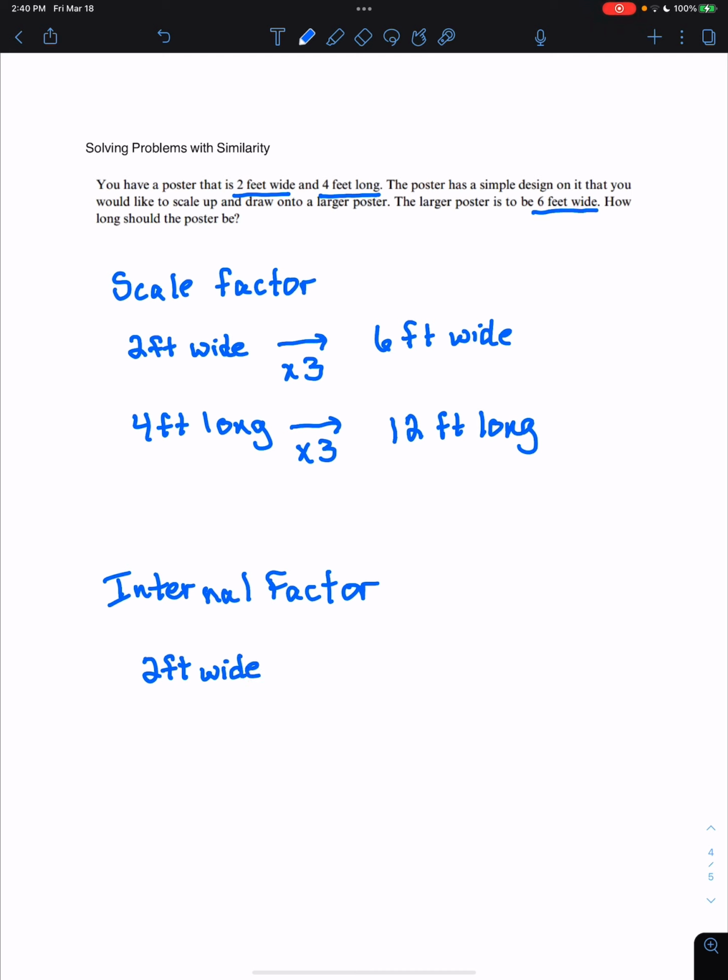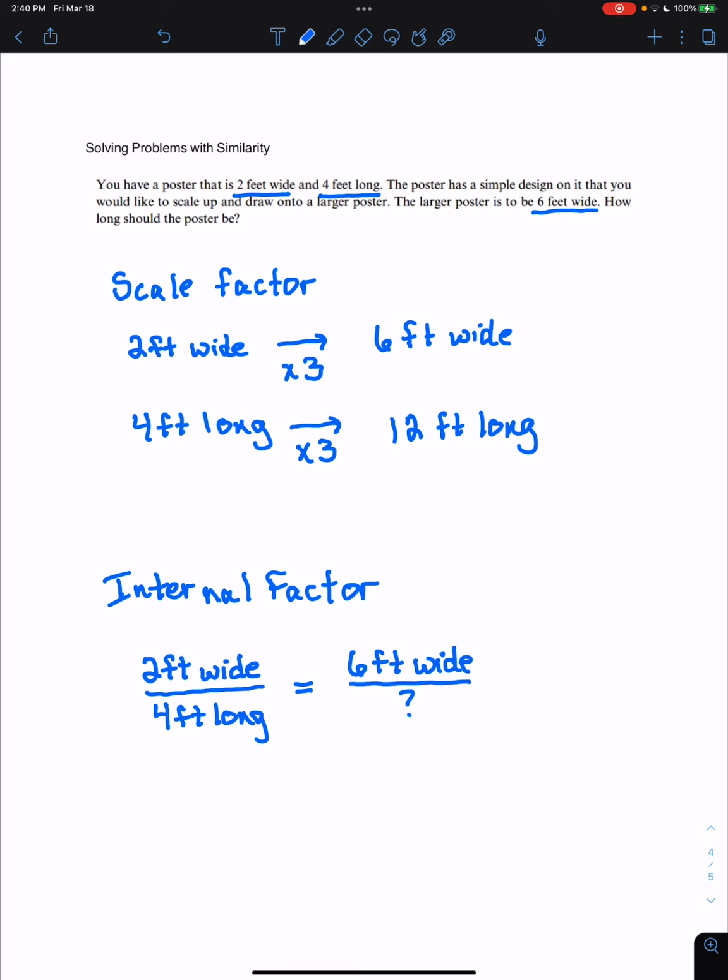I like to break everything out, so not just the numbers, so I can make sure I'm matching up the correct parts of my proportion. 2 feet wide and 4 feet long. Then I know that I have 6 feet wide, so my feet wide have to go together. So I have to put my 6 feet wide on the top, and then my question mark on the bottom.